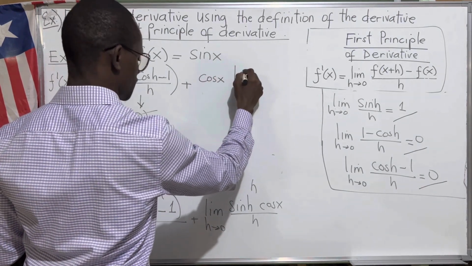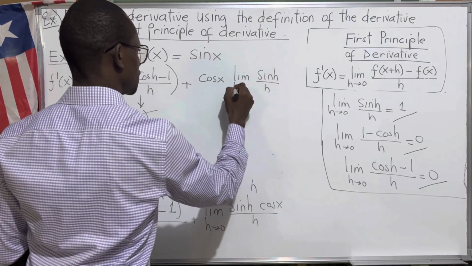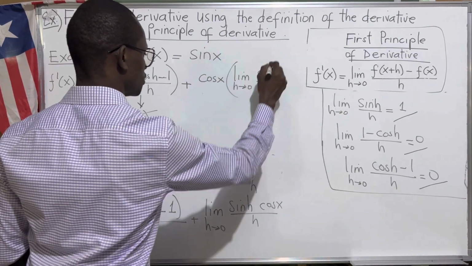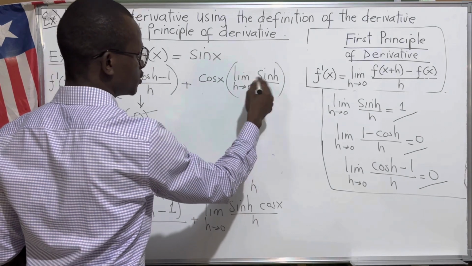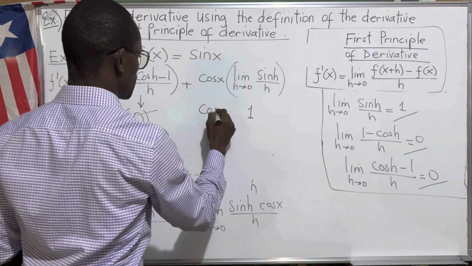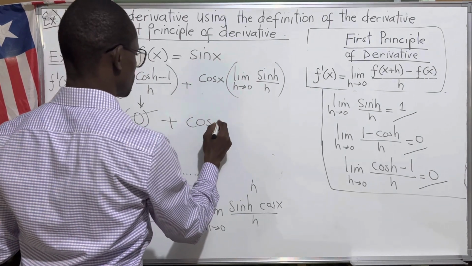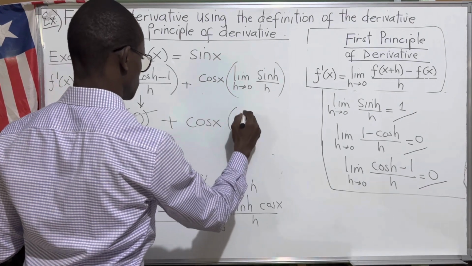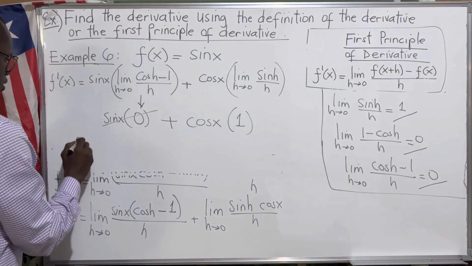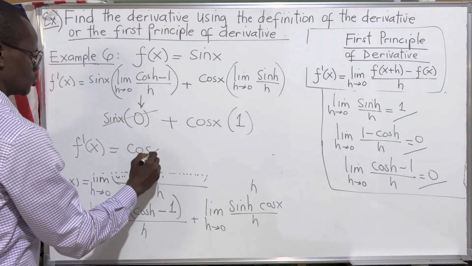Then we'll just be left with sine of h all over h as h approaches 0. According to the squeeze theorem, this whole expression is just equal to 1. So you got cos of x times 1. Thus, the derivative of sine of x is just equal to cos of x.